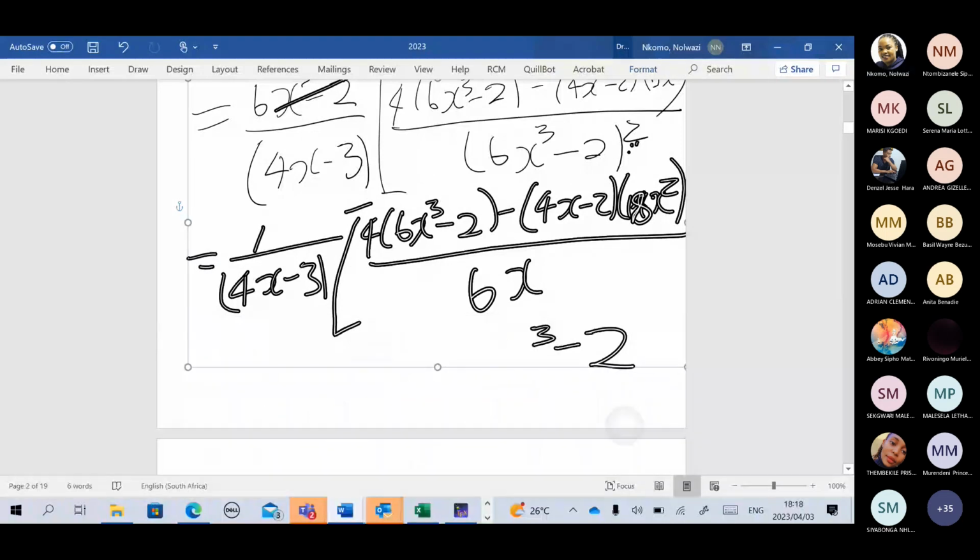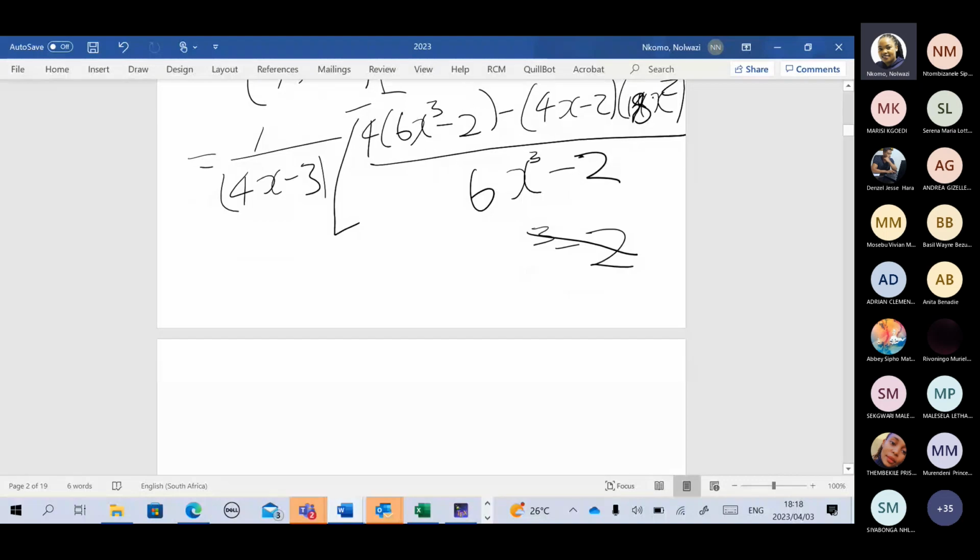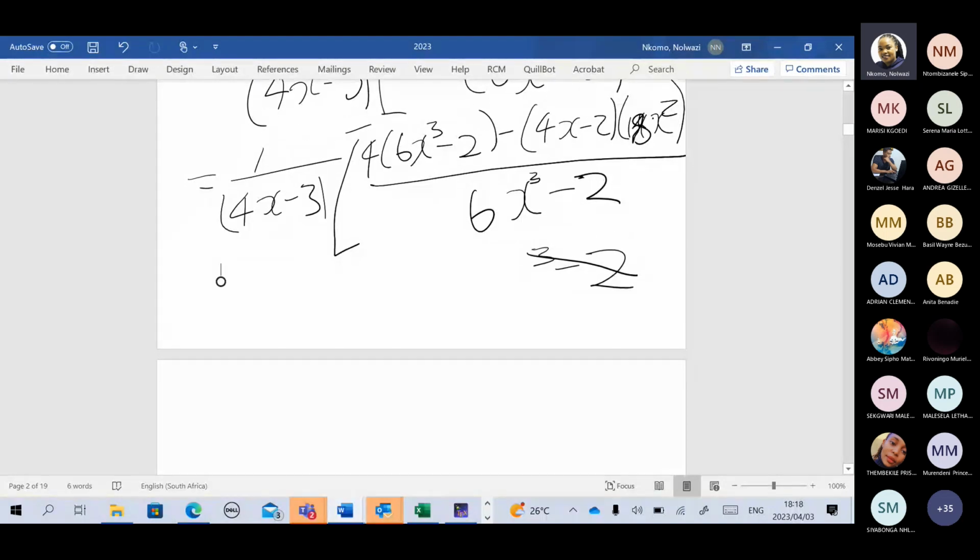Maybe you can just simplify it out. Let me see. You can just multiply out here.